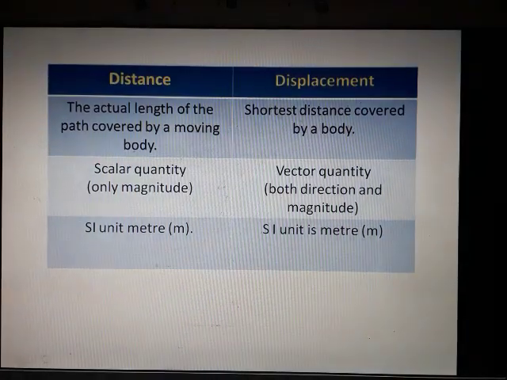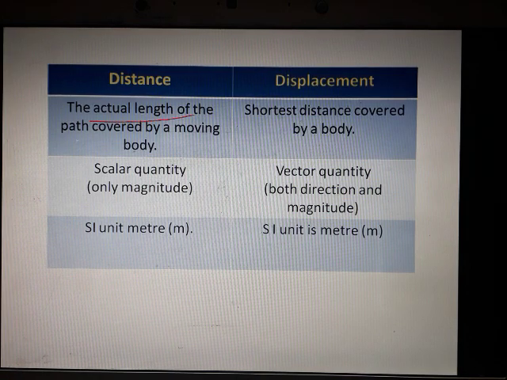So in tabular form, you can write the difference between distance and displacement like this. Distance is the actual length of the path covered by a moving object or a moving body, whereas displacement is the shortest distance covered by a body, or you can say the distance between initial and final position.